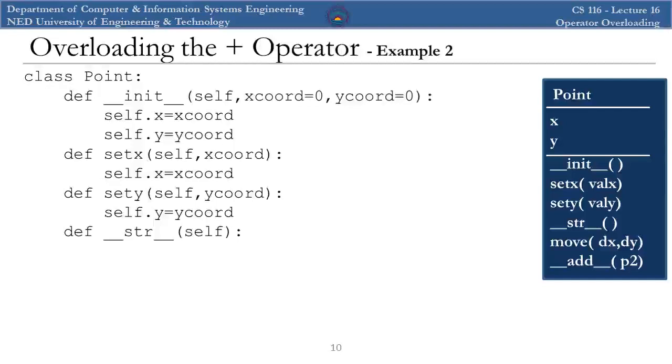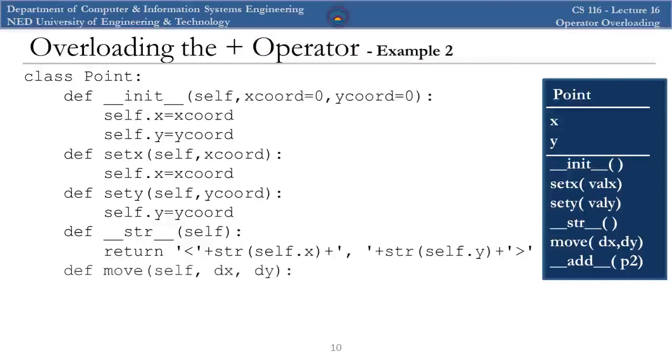Okay, str: I just want this point to be printed on screen in some way. So let's suppose this is the way. I'm just putting angular brackets before and after the two coordinates. So starting angular bracket, x value, comma, y, and then ending angular bracket. That's how I want my point to be printed on screen. And this is the move method. This is also self-explanatory.